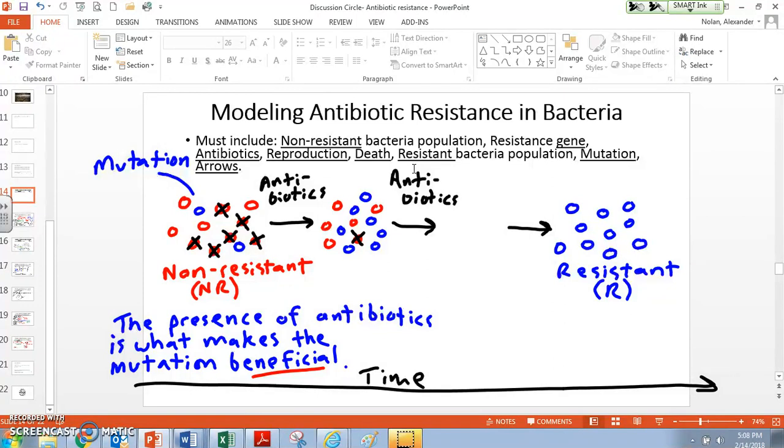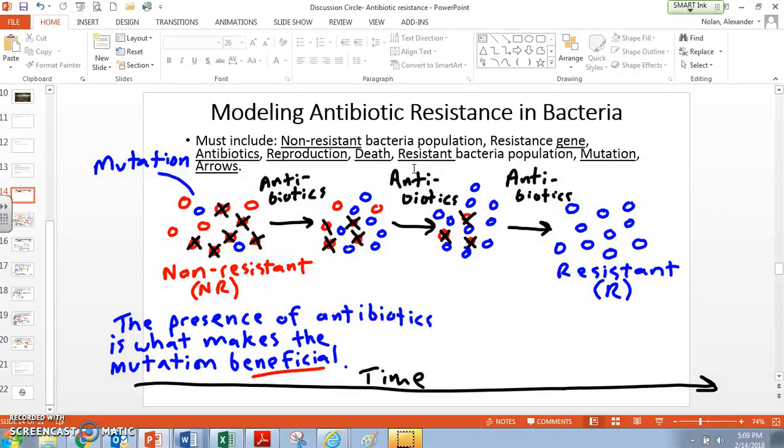And we find once more, we're going to kill off most of those non-resistant bacteria, but those resistant ones will remain. So we're going to have reproduction. We're mostly going to have resistant bacteria. Maybe there's a couple of survivors of those non-resistant ones, but as soon as you hit them with antibiotics again, you've killed the last of those non-resistant bacteria.